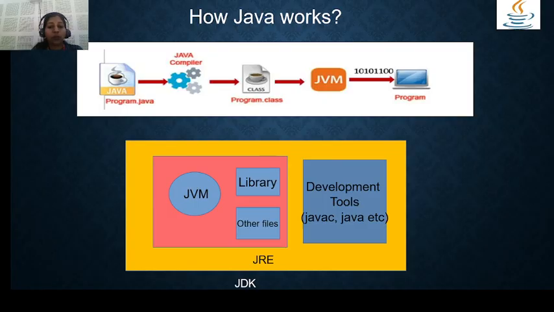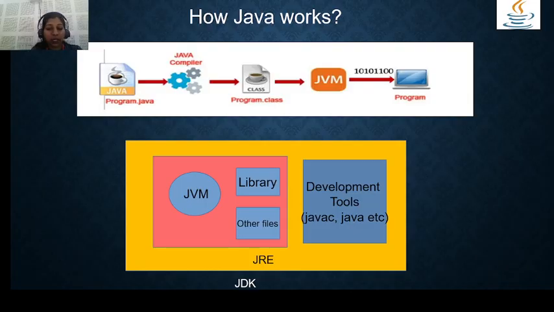So there are different terms which we use in Java: JDK, JRE, and JVM. JDK is the Java Development Kit. It is a kit that must be available on your computer to develop any Java application. JDK is a superset of the JRE, the Java Runtime Environment.